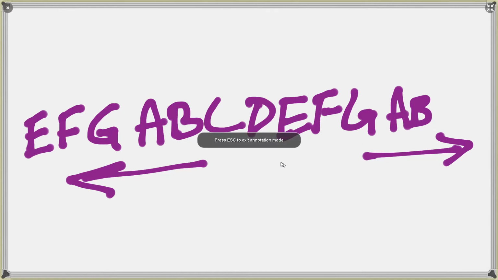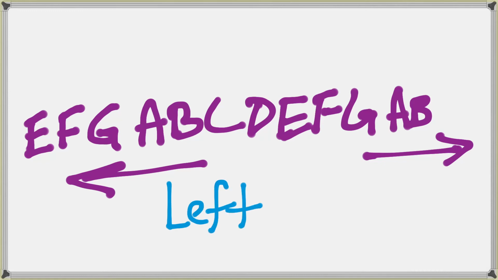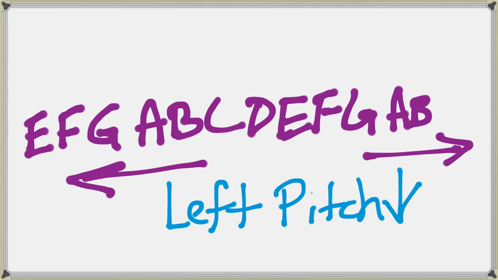So the best way to think about this is that as we go left, the pitch of the note goes down. And remember, that pitch is how high or low something is as far as the sound.